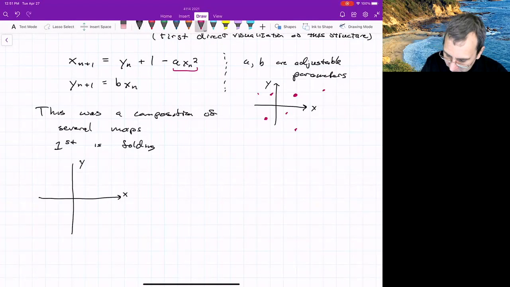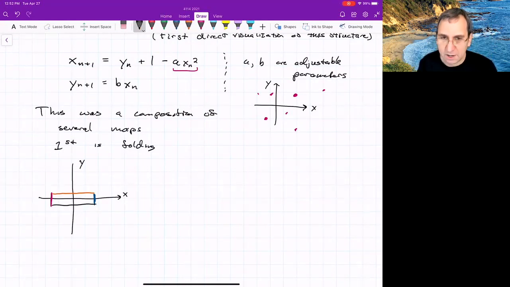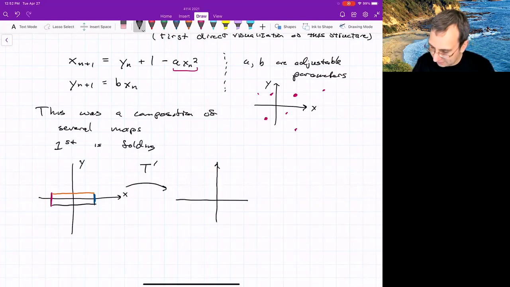So I'm going to color the left side red and the right side blue. And then maybe I'll make the top orange, bottom black. Then under a map that we'll call T prime, this takes that shape and it will fold it into a boomerang. So we'll have, let me put the sides like that.